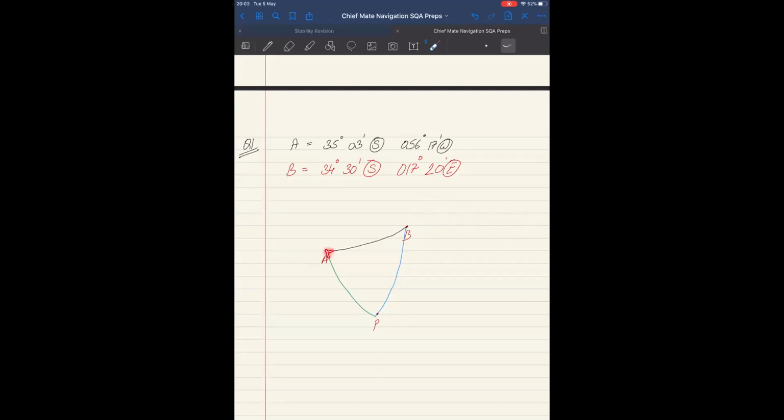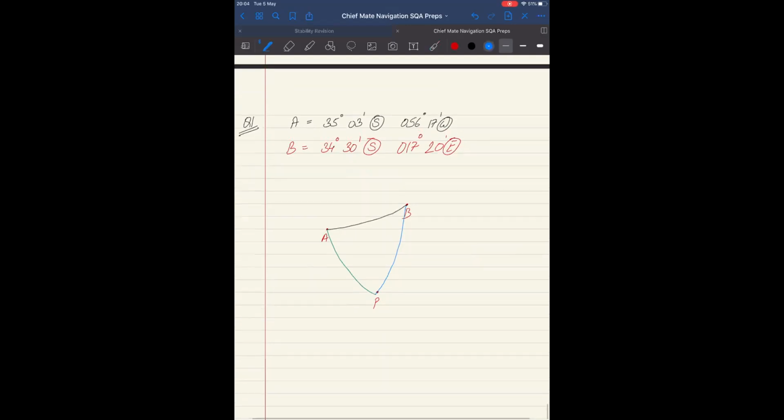If between your initial course and your final course you cannot find the value 90 degrees or 270 degrees, then your vertex will not lie between A and B. To determine whether the vertex lies in our path, or on a virtual path before A, or on a virtual path after B, we need to first calculate the initial course.